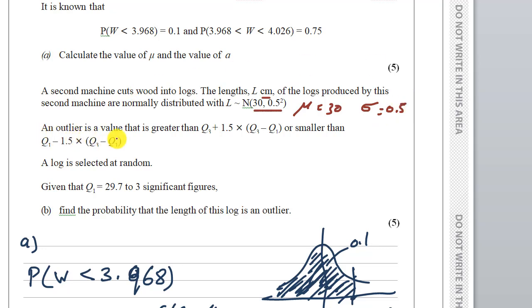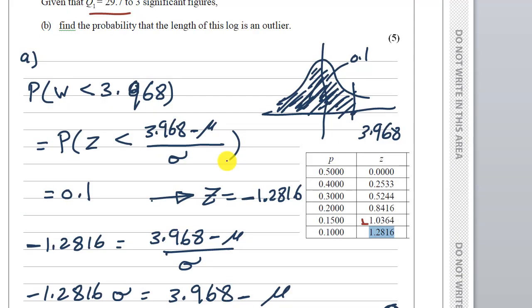An outlier is a value that is greater than Q3 plus 1.5 multiplied by Q3 minus Q1, or smaller than Q1 minus 1.5 multiplied by Q3 minus Q1. A log is selected at random given that Q1 is equal to 29.7 to 3 significant figures. Find the probability that the length of the log is an outlier.